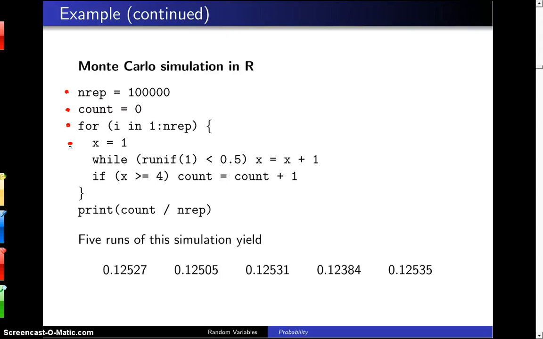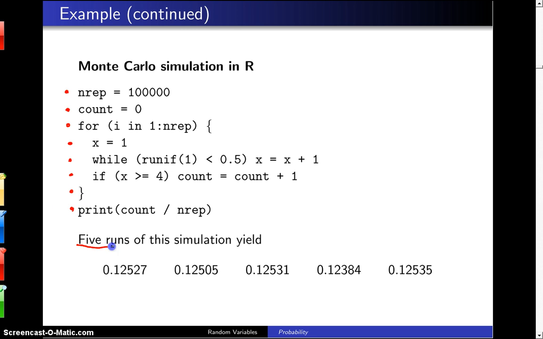And then the last statement is if x turns out to be greater than or equal to 4 coming out of that while loop, then you increment the count. You end the for loop, and finally at the end here you print the ratio of count to nrep.